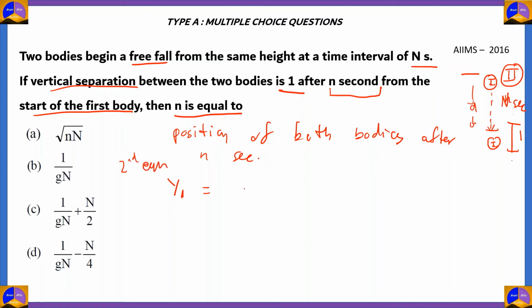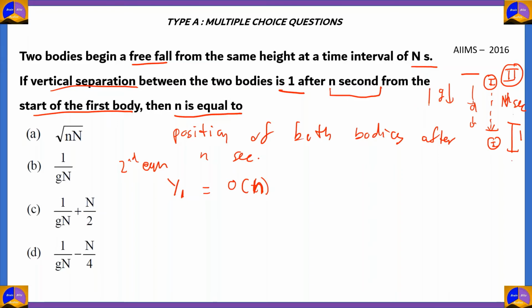So here u, the initial velocity, is 0 because the bodies begin a free fall. So they're dropped. We don't know the value of time, but we know that it's given as the value n. We know that the variable small n is used for the time because this is the first body.